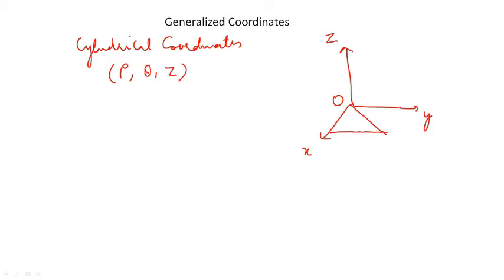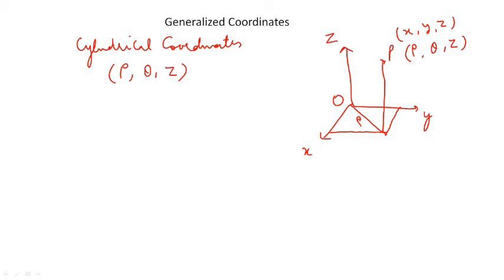We have earlier defined it, and let us say it is rho, and there is a point P. It will have the Cartesian coordinates x, y, z, and cylindrical coordinates will be rho, theta and z.